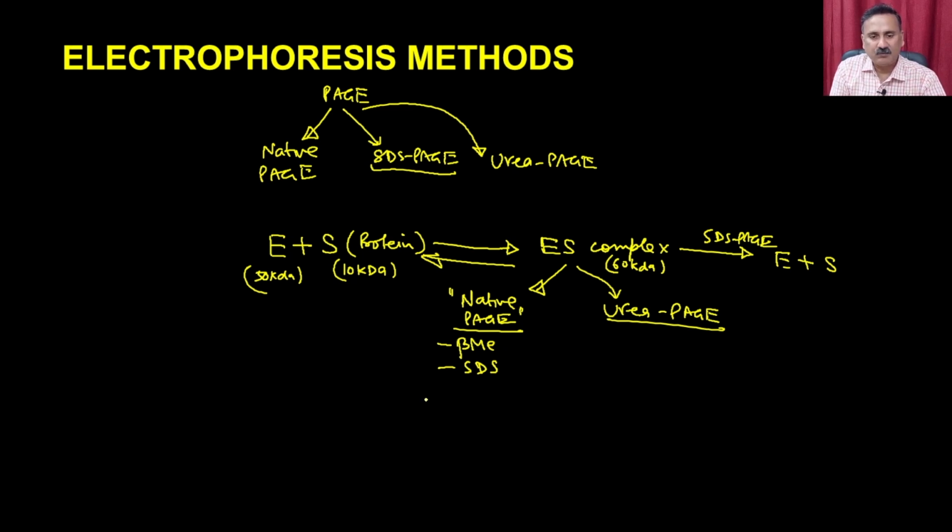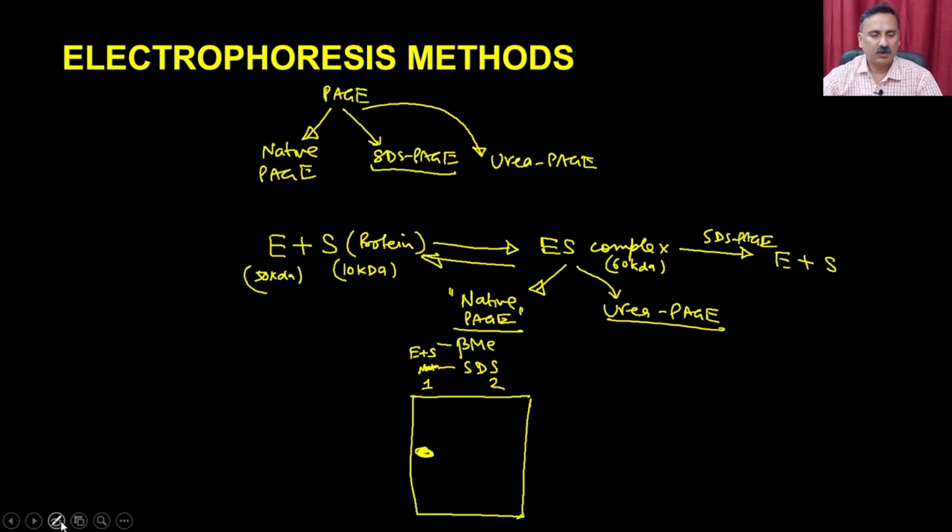So in a native PAGE, you are going to run this under two different conditions. In lane 1, you are not going to make any modifications. You're going to have the enzyme plus substrate complex, which you run in lane 1. So imagine that you are going to get a band here, right?